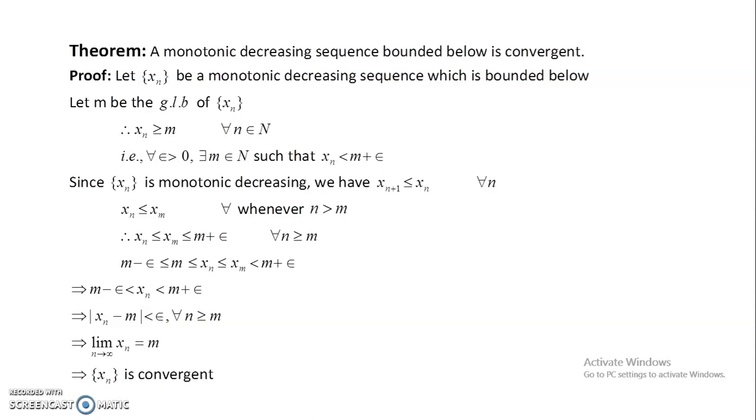It means the modulus of xn minus m is less than epsilon for every n greater than or equal to m.